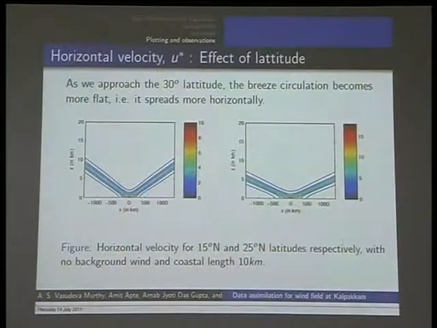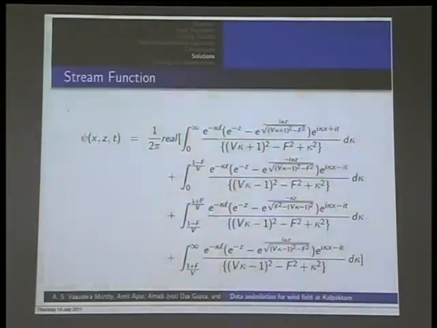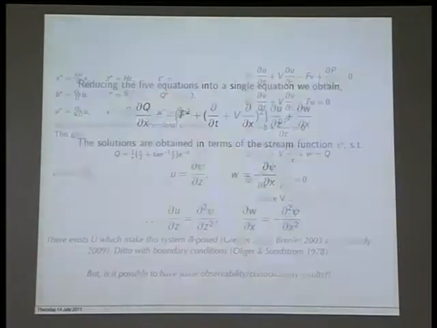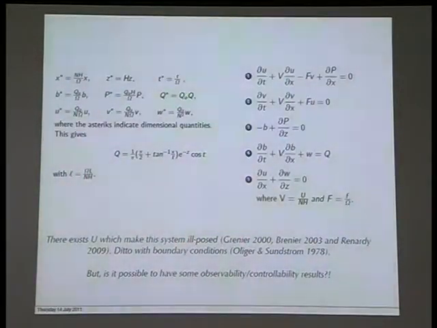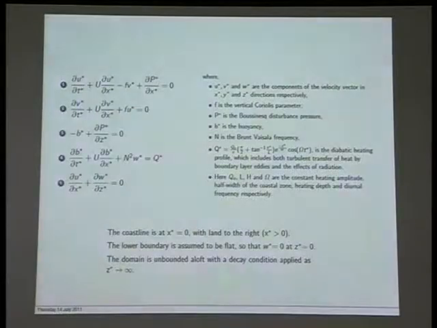And a similar thing on the effect of latitude. That is, this tells us the dependence on the Coriolis force, because if you go back and look at this, where is F? Yeah, I don't see that.